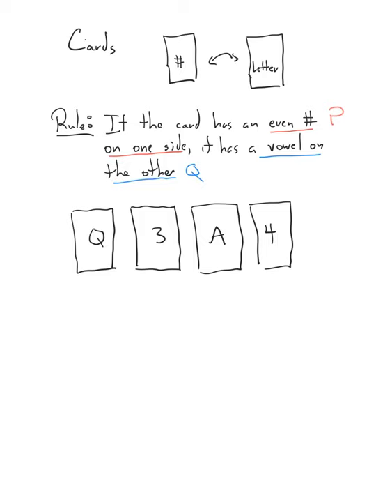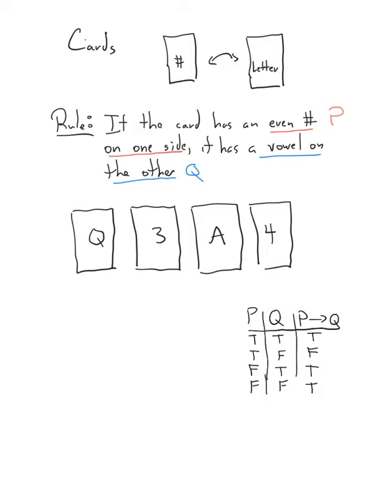Again, let me quickly remind you guys of the table for conditional sentences, and I'll number it the same way that I did on the last slide. So here is our table, and we'll call this 1, 2, 3, and 4.